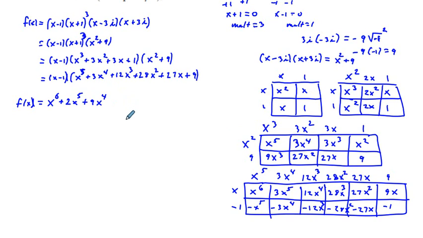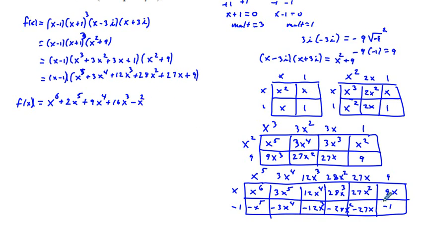And then to the 3rd power, we're going to have plus 16. How do we get 16? 28 minus 12. So plus 16x cubed, yes. Okay, the next one we're going to have is minus x squared, because we have 27 minus 28, so minus x squared.